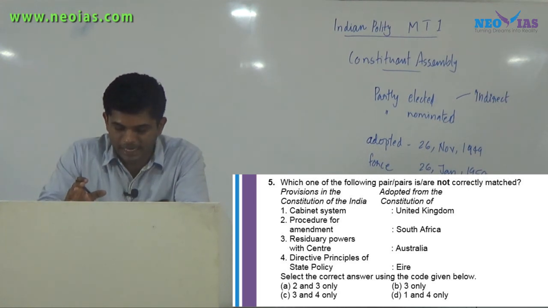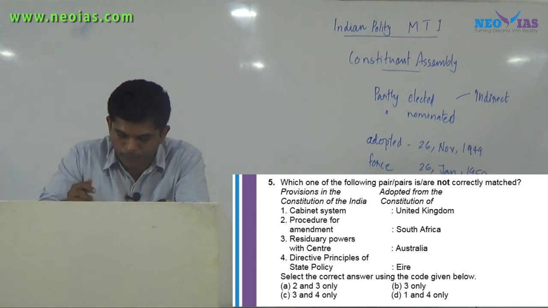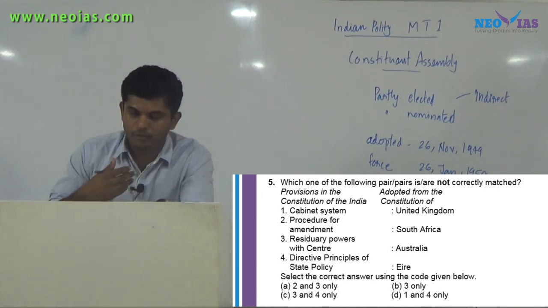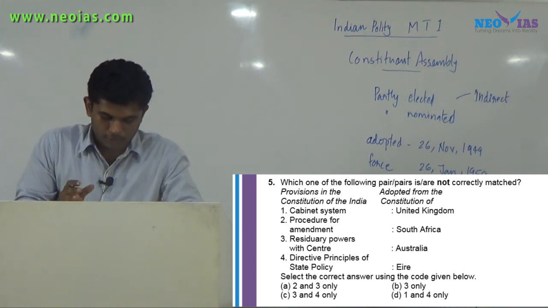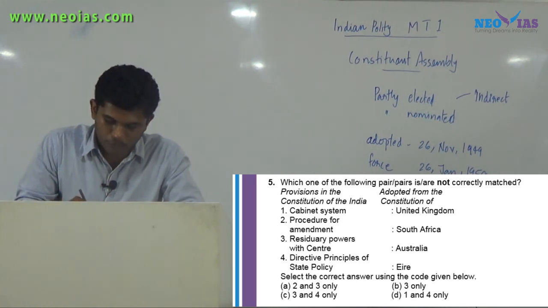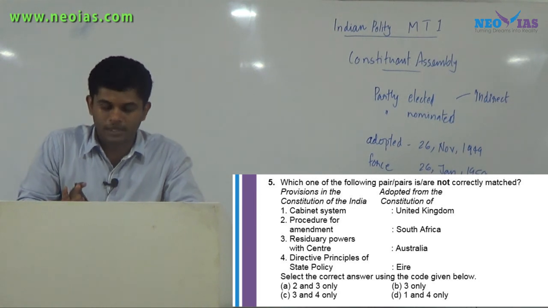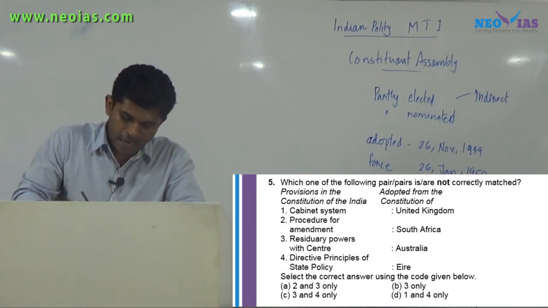So the third pair is a wrong pair, and 3 should be there in your answer. So the answer will be either B or C. And now we go to the fourth statement, directive principles of state policy. It is taken from the Irish constitution. So the fourth pair is correct. So the answer is B.